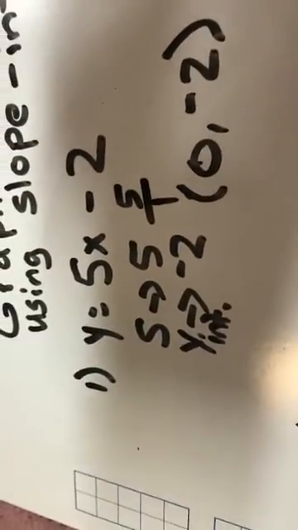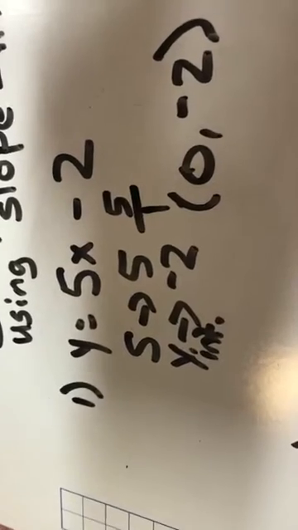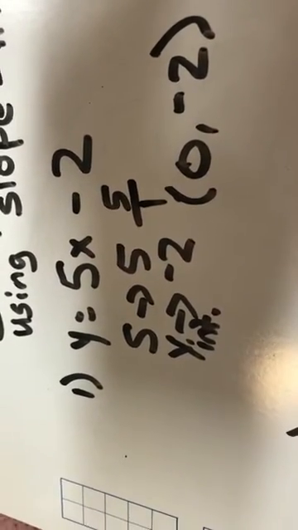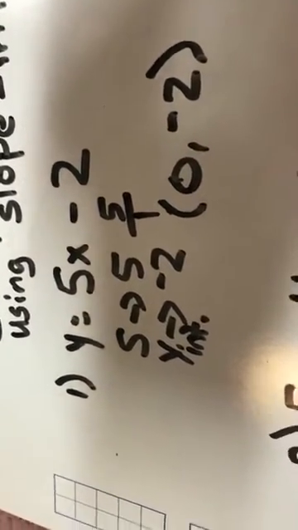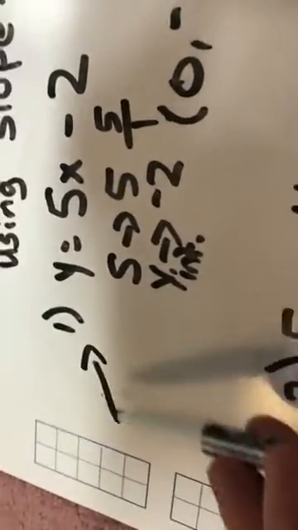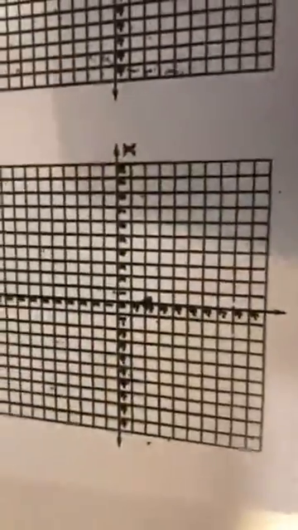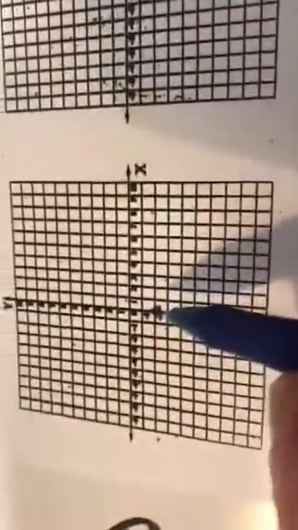I'm just going to take the slope of 5 and make it a fraction, 5 over 1. It's a positive slope. So remember what that means. A positive slope is going to rise from left to right. So I'm going here to my graph. I plotted the first point, 0, negative 2. It's right there.